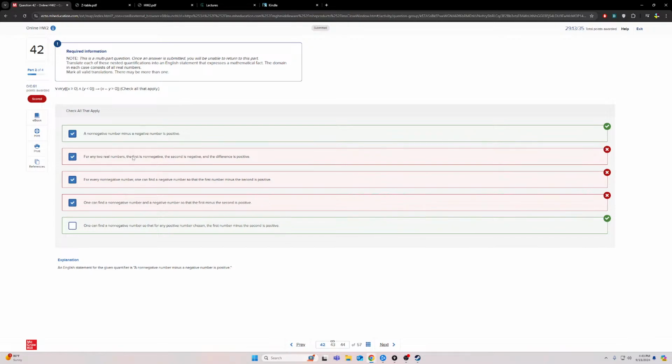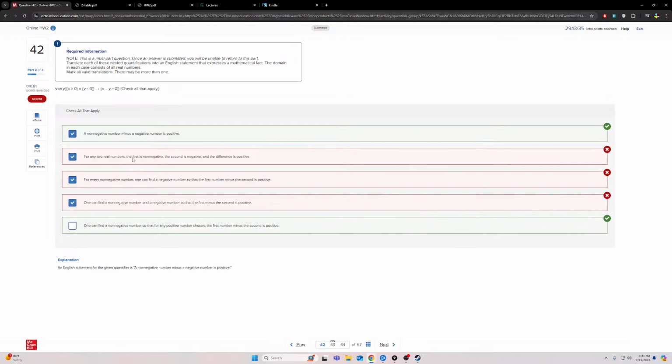For this one, I would have assumed that would be true actually, though. For any two real numbers, first is non-negative, second is negative. Oh, that's an and, that's not if then.